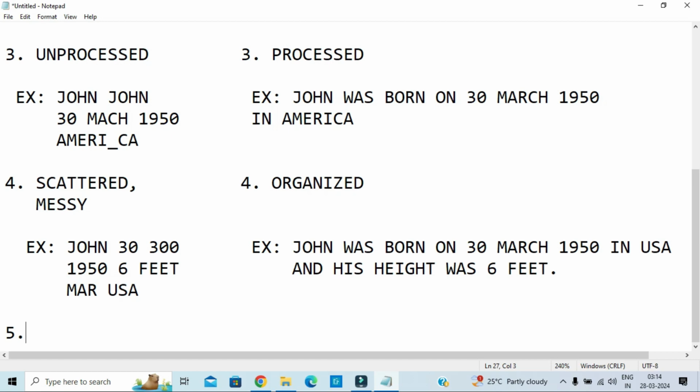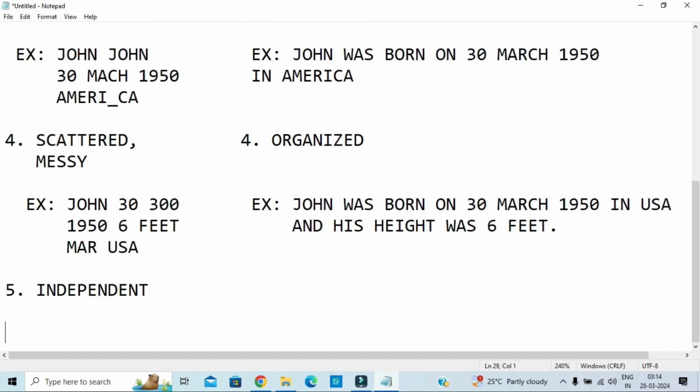So there are a few more things that we need to understand. Data is completely independent. Why? Because it's the initial data that we have created. We have not taken this data from any place. It doesn't depend on anything.